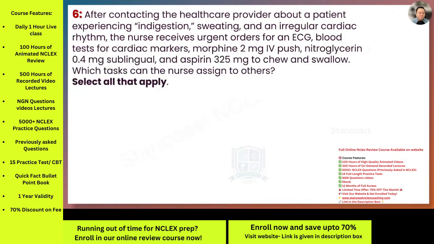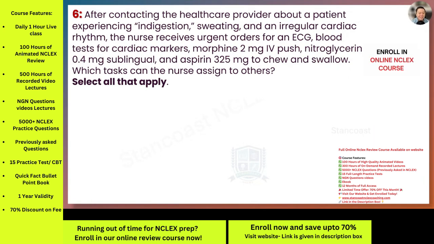Number 6. After contacting the healthcare provider about a patient experiencing indigestion, sweating, and an irregular cardiac rhythm, the nurse receives urgent orders for an ECG, blood tests for cardiac markers, morphine 2 milligrams IV push, nitroglycerin 0.4 milligrams sublingual, and aspirin 325 milligrams to chew and swallow.